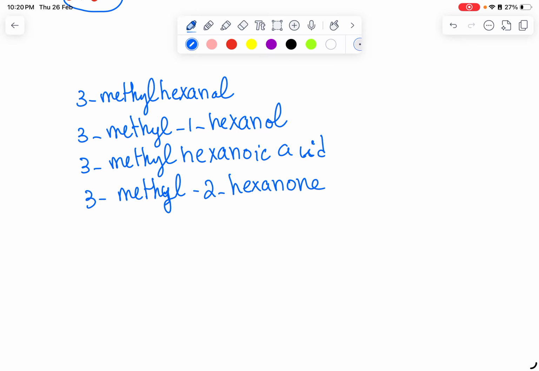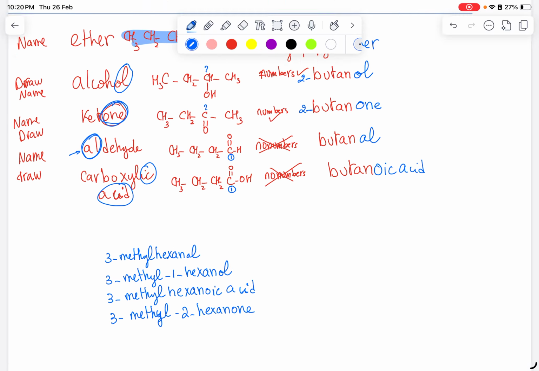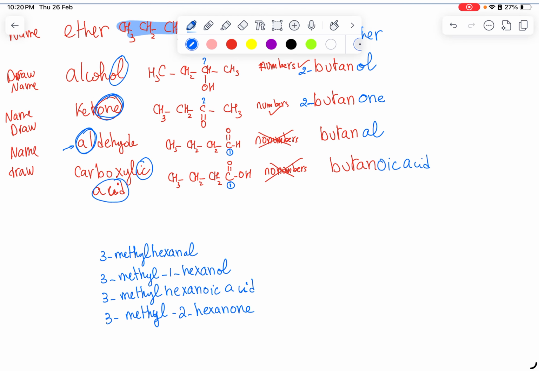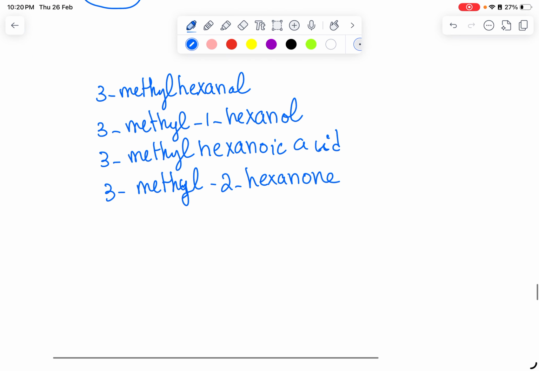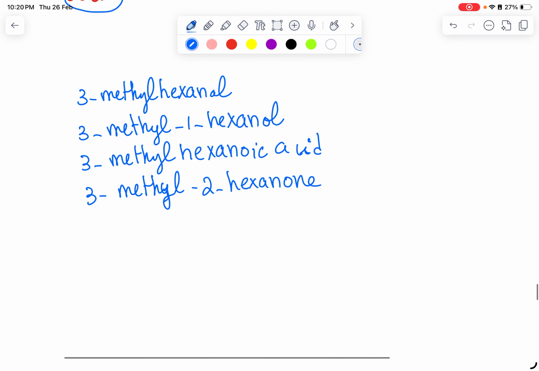What else do I have? I did the alcohol. I think I still have the ethers. Yeah, I have the ether. The ether follows its own name. I'm not gonna do this example here.